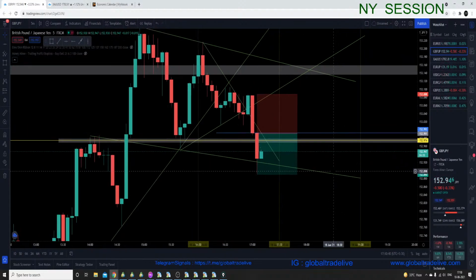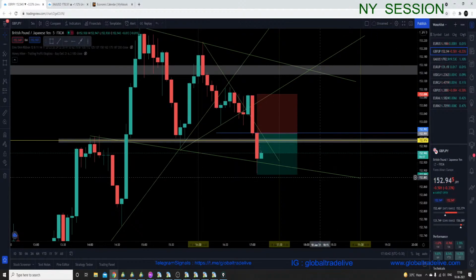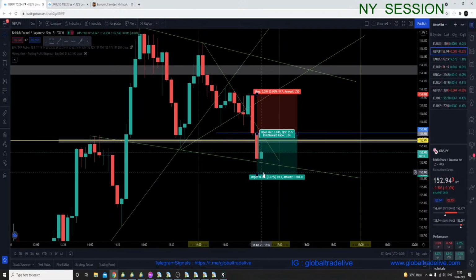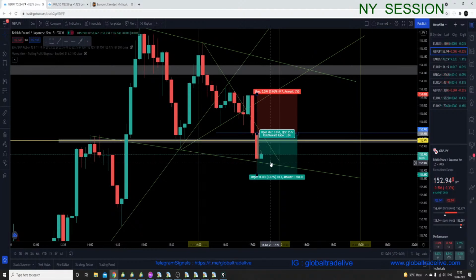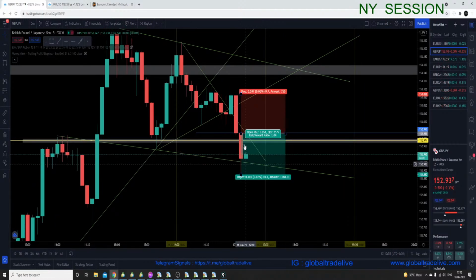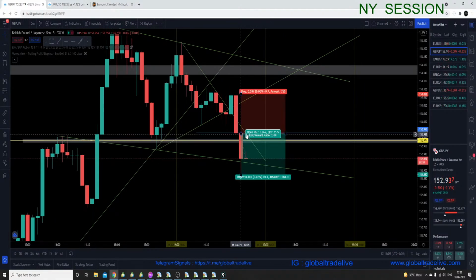That's the only thing we can expect right now. Because from here it has gone up to this point. So if that's gonna happen, then we are on the wrong side right now. That's why I took this trade here, because now I have room left to manage my trade.